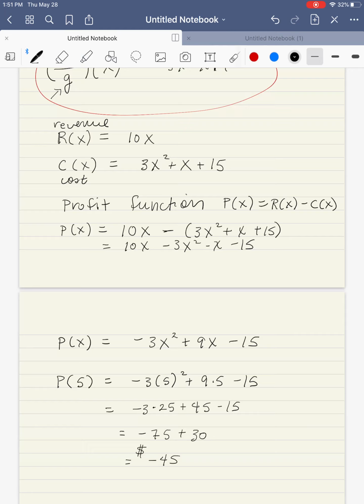And I would see that if I were producing and selling 5 units, I'm still not making any money. I'm still with a negative profit.